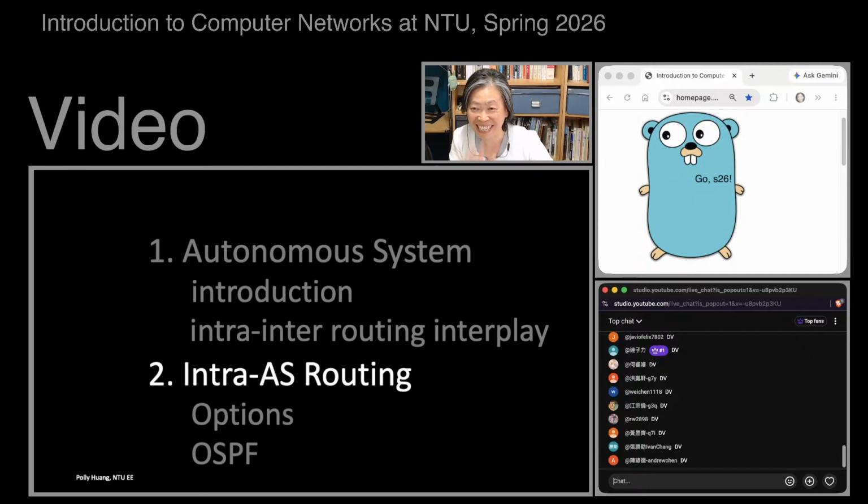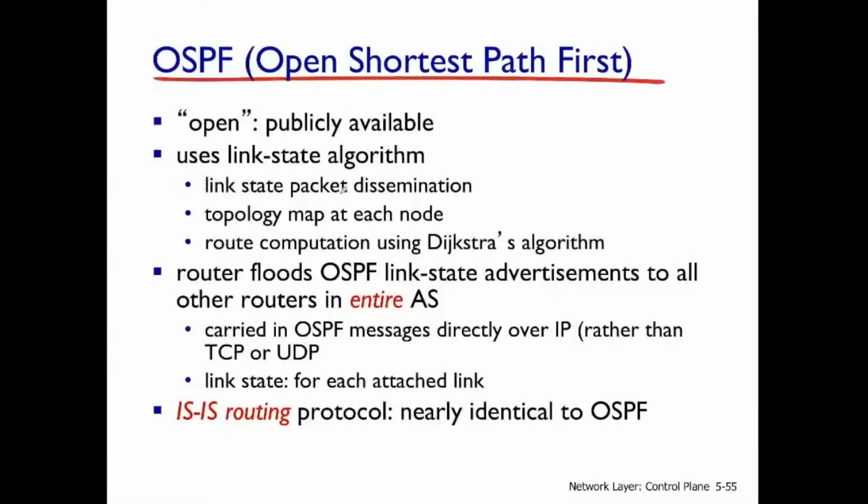Very long, 6.5 minutes. Let's speak a bit more about the most popular routing protocol in the intra-AS category, OSPF. Open stands for the protocol being open source. Second, SPF stands for the routing protocol being based on the link state principle. So we distribute the link state reports all over the network. Therefore, each router will be able to reconstruct the global network topology.